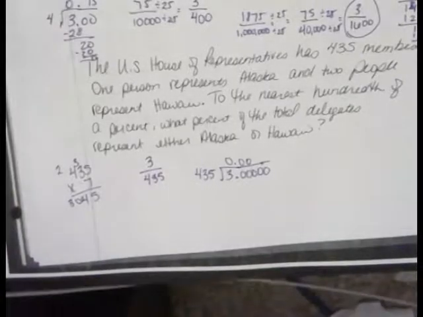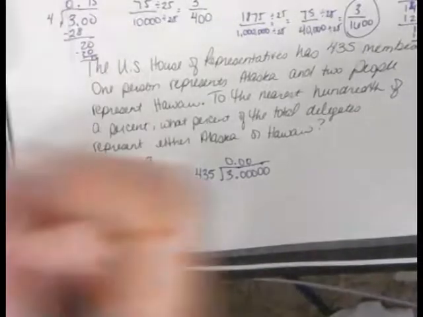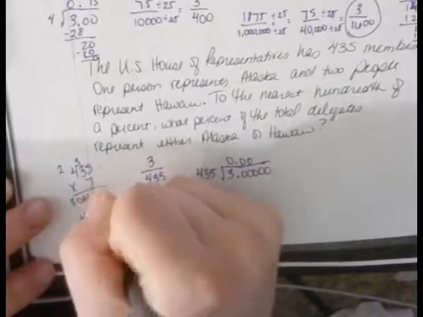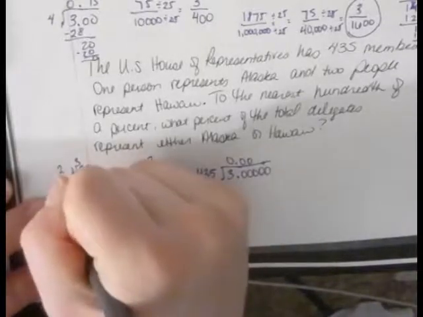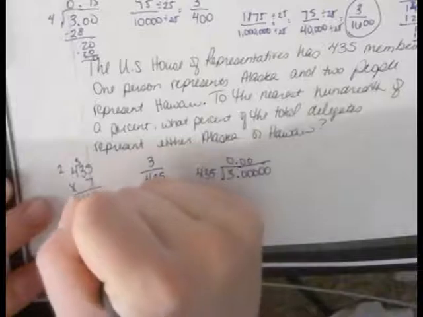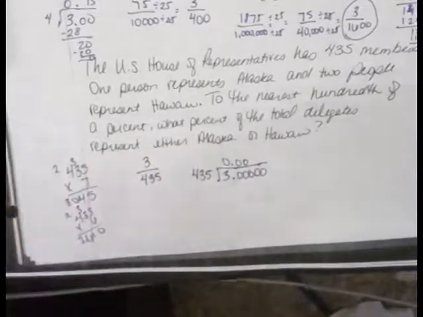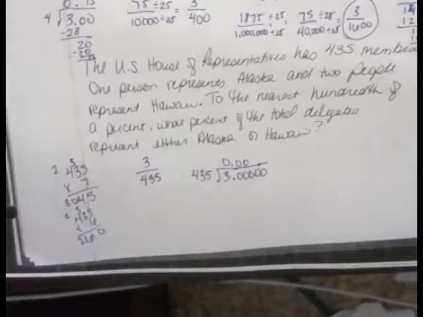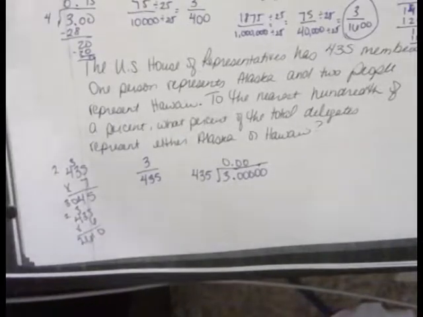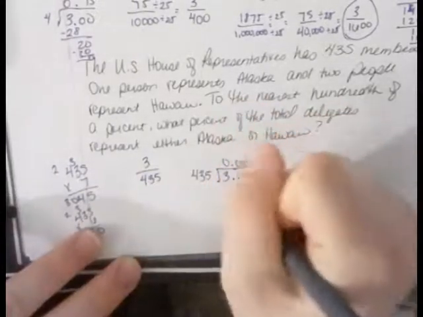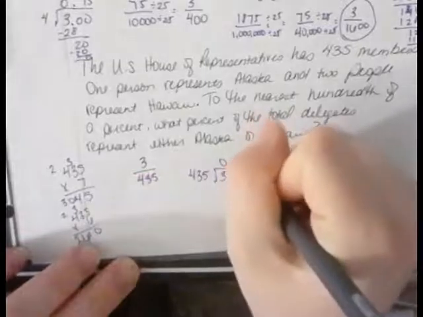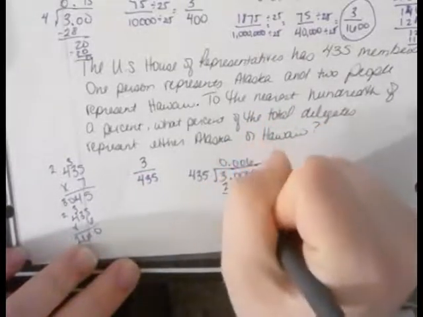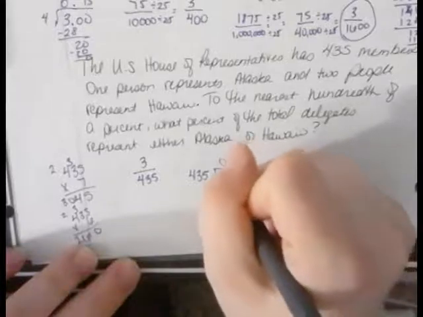So we're going to multiply it by 6, and that gives us 2,610. Now we know where to start, and we can start dividing and subtracting.